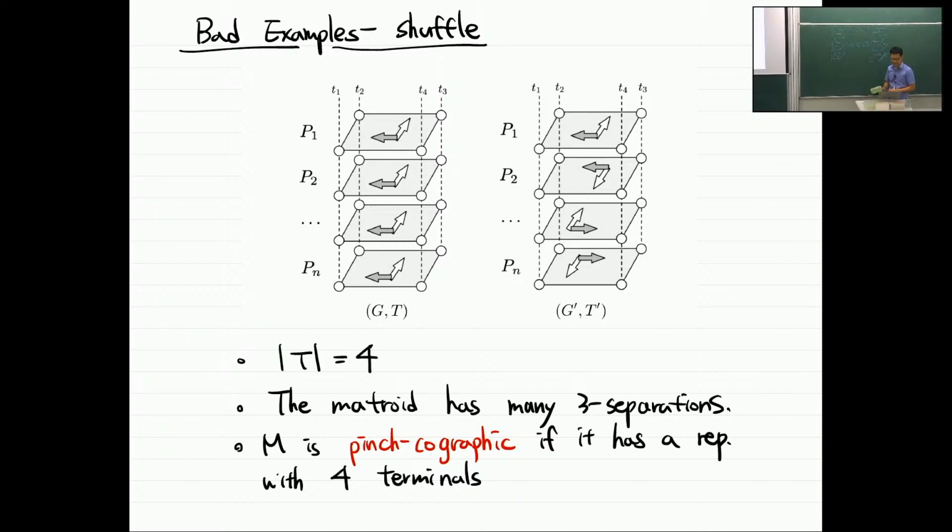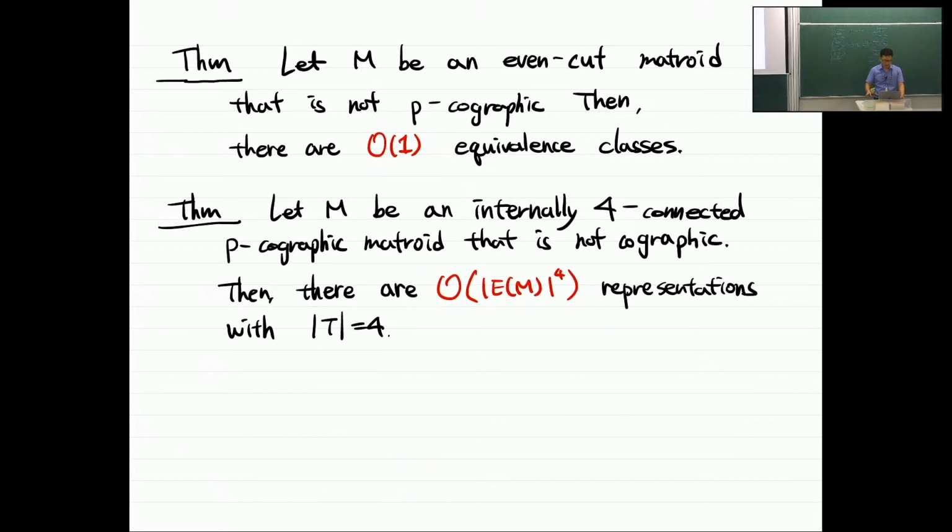we call this class pinch choreographic, and we have a similar result. So if M is an Evencut matrix that is not pinch choreographic, then we have a constant number of equivalence classes.